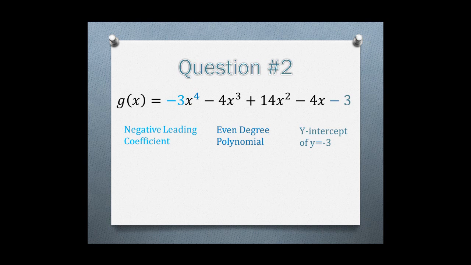So we know that the graph will cross negative 3 on the y-axis, that it will have the end behavior as x goes to infinity, y will go to negative infinity. And an even degree means that both of the end behaviors will end up in the same direction.